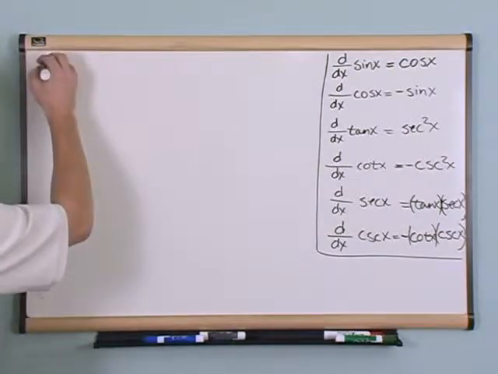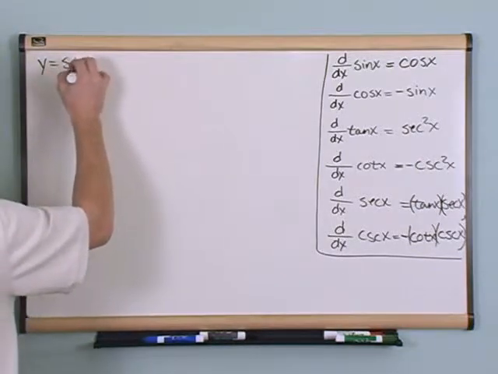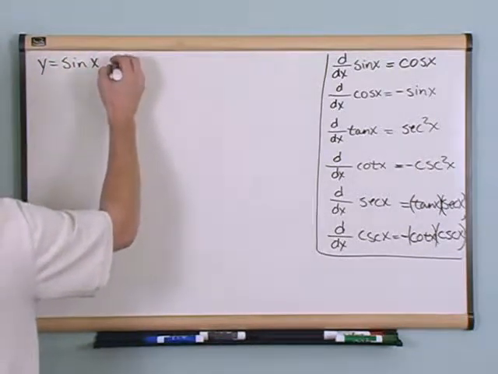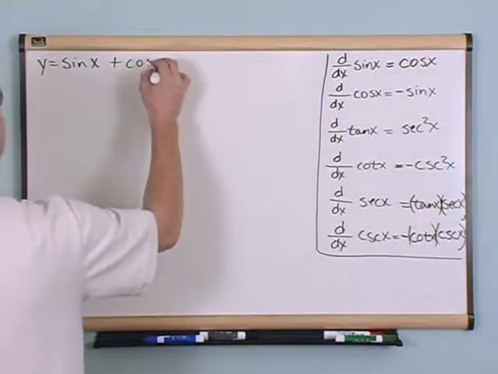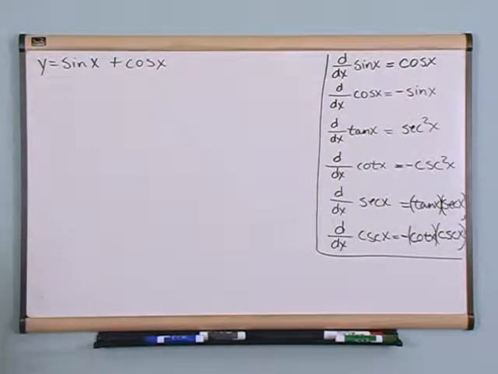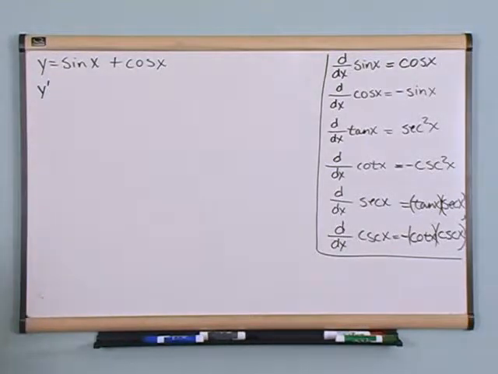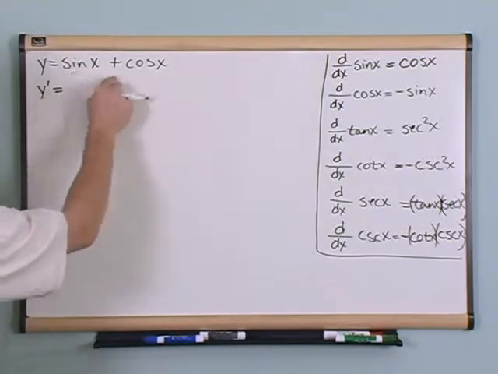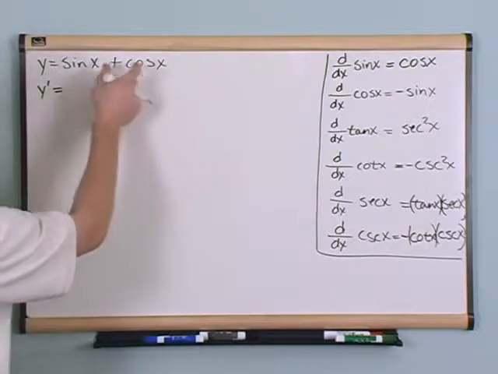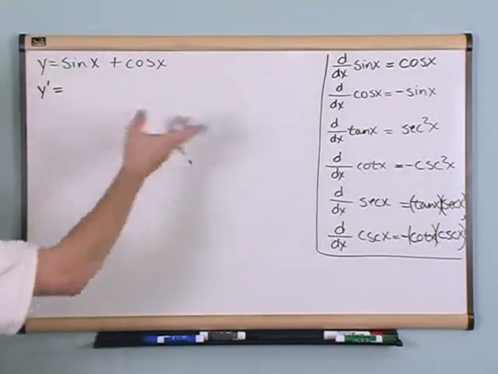So what if you have sine of x plus cosine of x, and we want to find the derivative? Well, the derivative is y prime, and we're going to start easy and get a little bit harder. When you take derivatives, if you have things added together, you just take the derivative of the first thing, and then you take the derivative of the second thing, and you add them up.